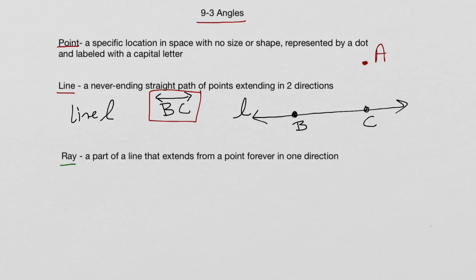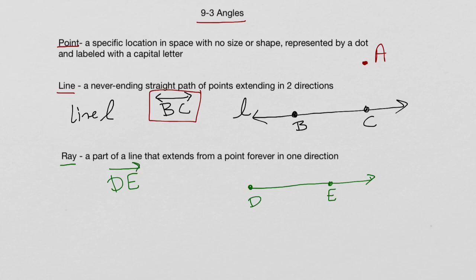So now we're going to learn about a ray. A ray is a part of a line that extends from one point forever in one direction. So it'll start in one place and extend forever in one direction, so it's got an arrow at the end there. And if I want to name this ray, I could name it ray DE. When I'm naming it, I always want to name the endpoint first.